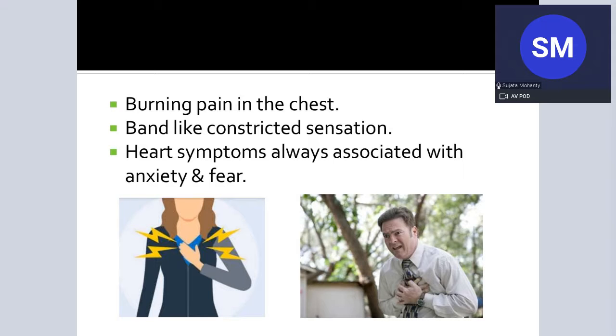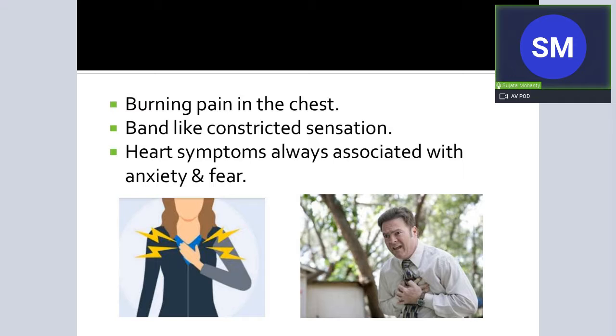There is burning pain in the chest, band-like sensation in the chest, sensation as if there is some band around the chest, around the heart region. So heart symptoms are always associated with anxiety and fear. Like we discussed, the psoric patient always has fear of death. So that fear of death is mostly related to heart symptoms.